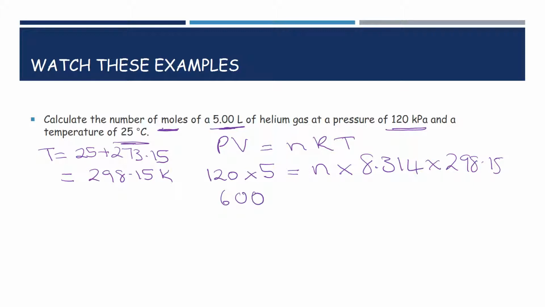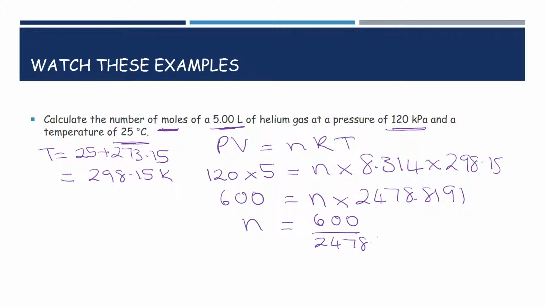That's 600 is equal to the number of moles times 2478.8191. So the number of moles must equal 600 divided by that, which equals 0.242 moles. I'm just going to quickly check my significant figures. I've got 1, 2, 3 significant figures, so that's finished.